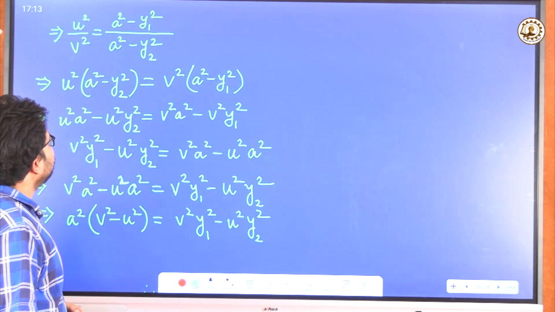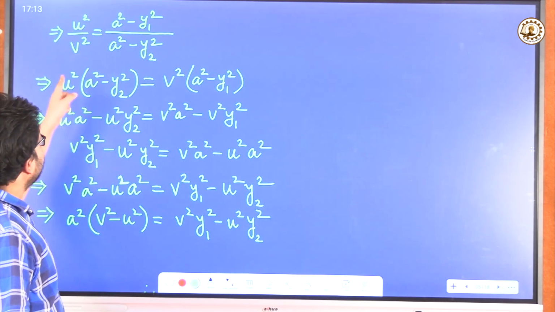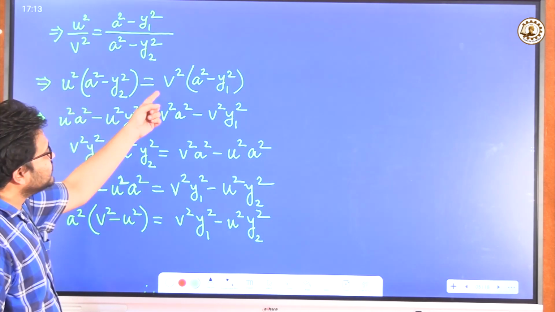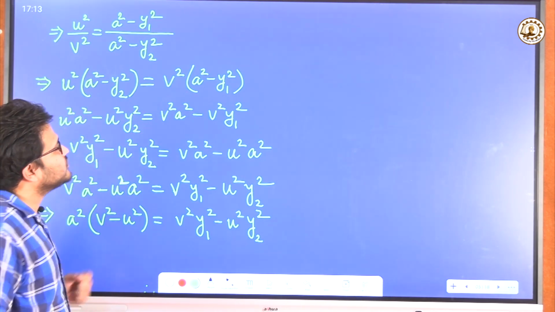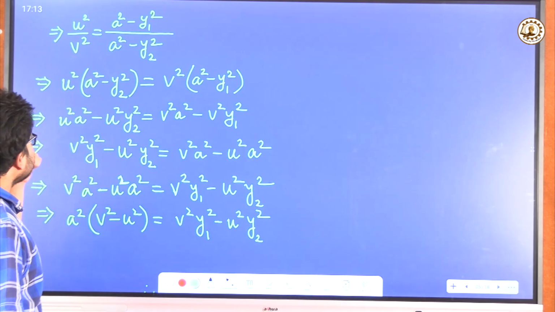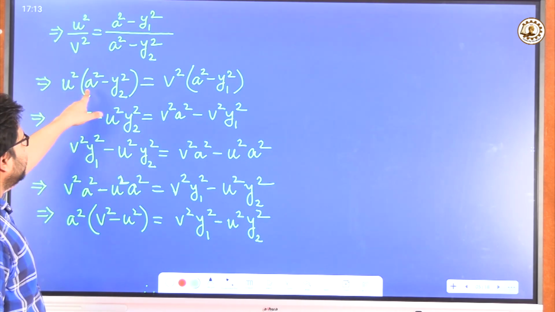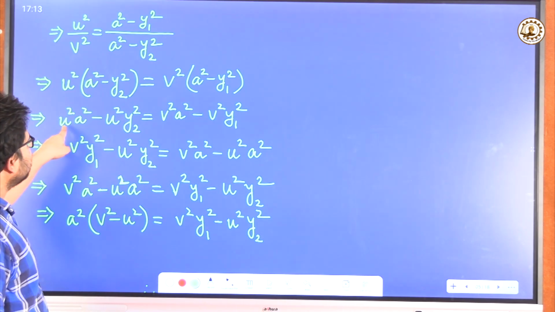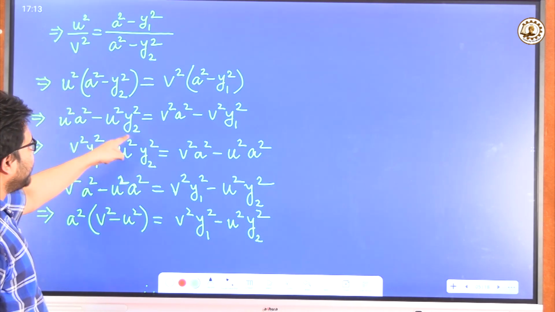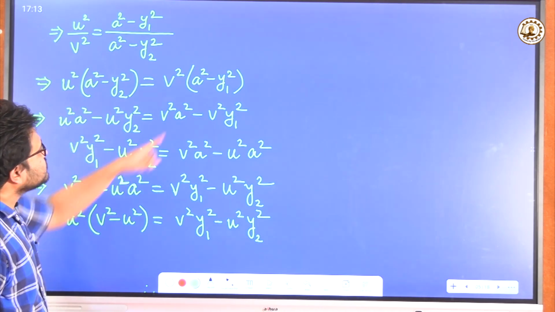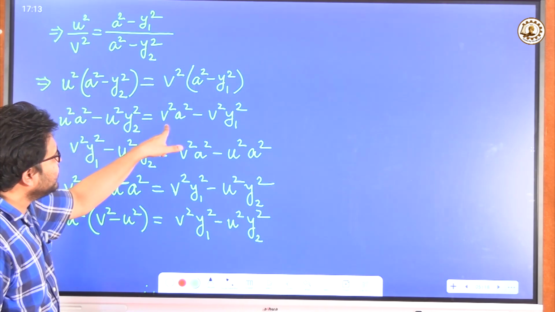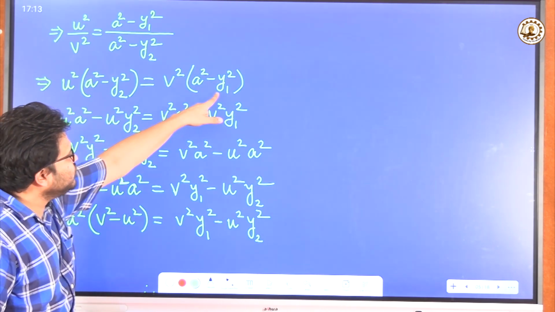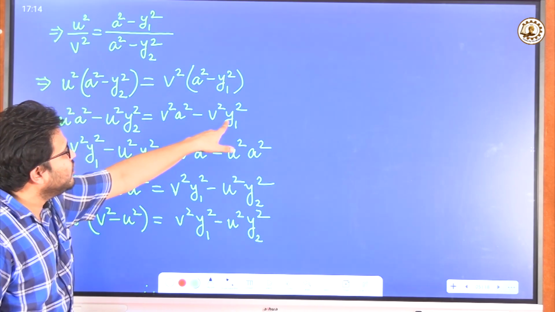Cross multiplying, u square (a square minus y2 square) equals v square (a square minus y1 square). Expanding, we get u square a square minus u square y2 square equals v square a square minus v square y1 square.